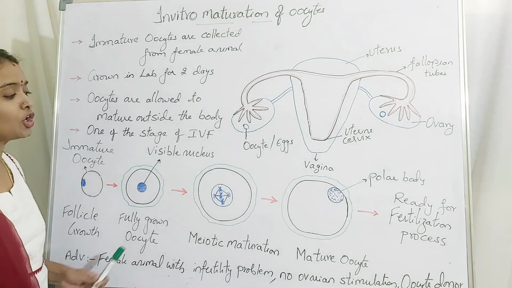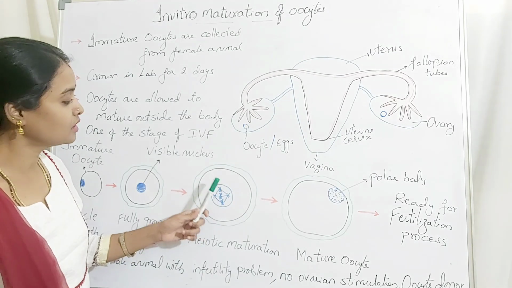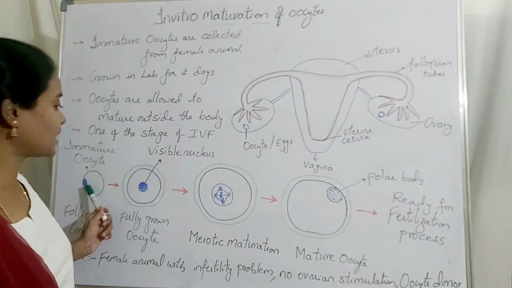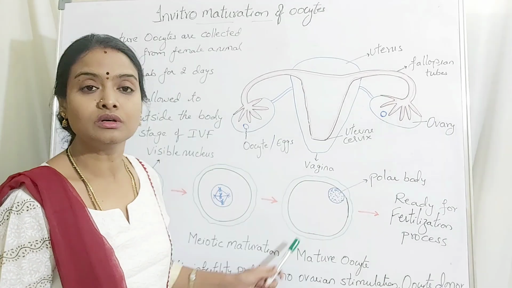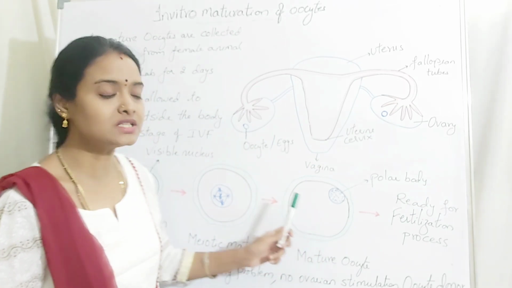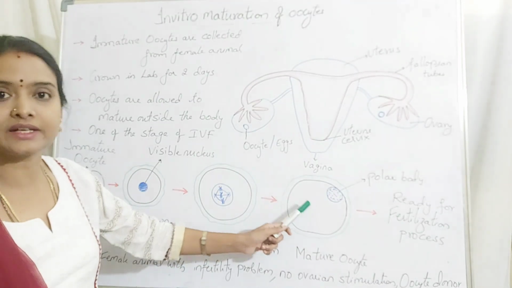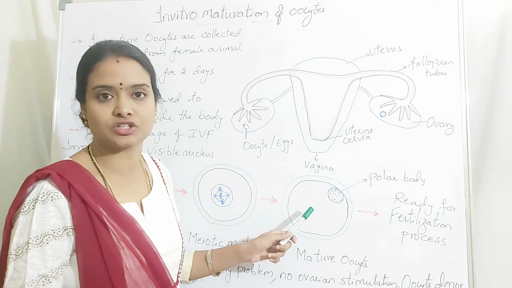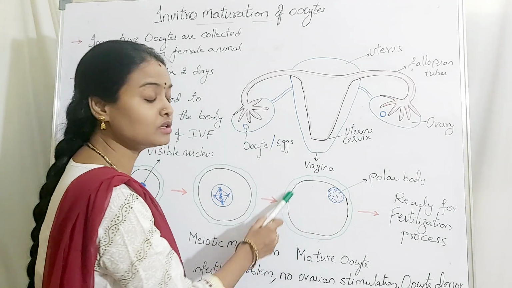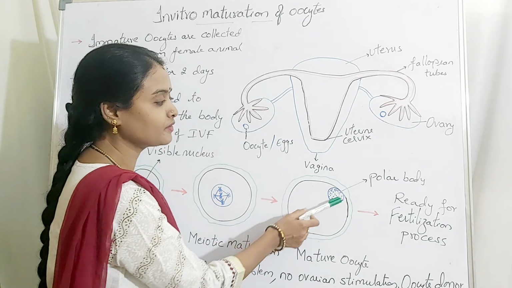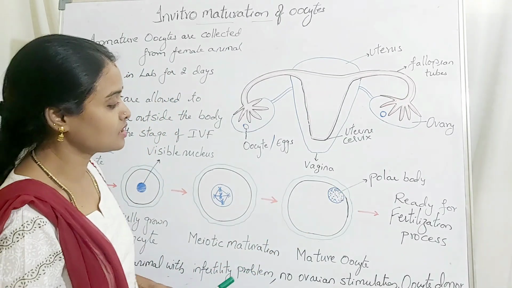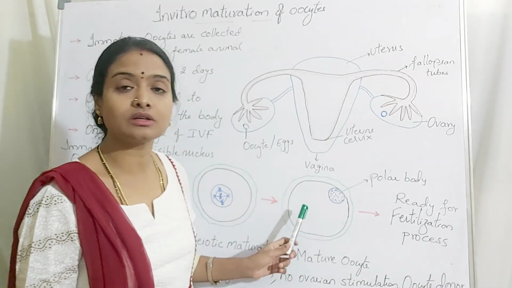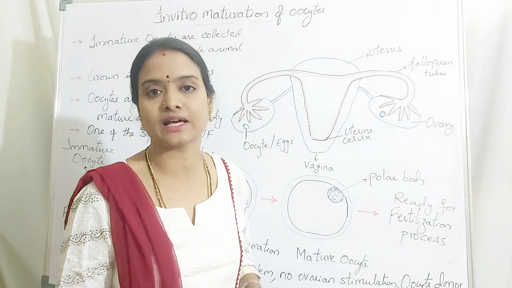After the meiotic maturation of the oocyte, now after 2 days you can see the immature oocyte has developed into a mature oocyte. That means the maturation of the oocyte has occurred in the lab condition, that is, in vitro condition. Here the mature oocyte consists of the polar body towards the corner, right? Now this mature oocyte is ready for the fertilization process.